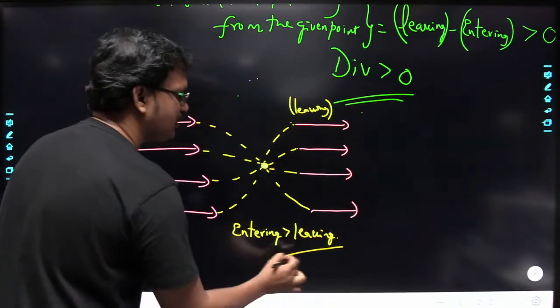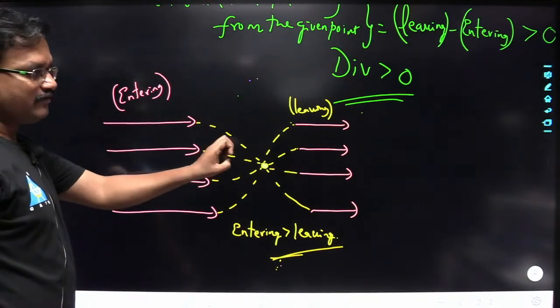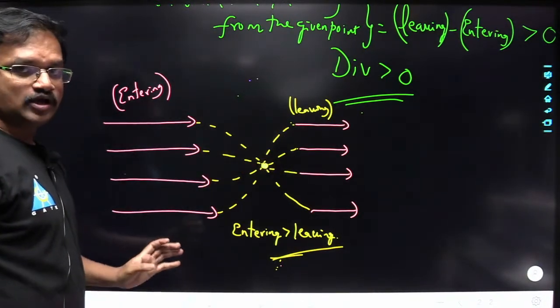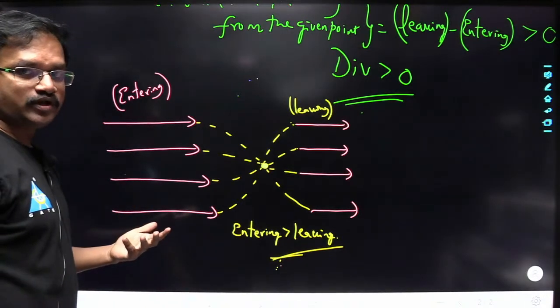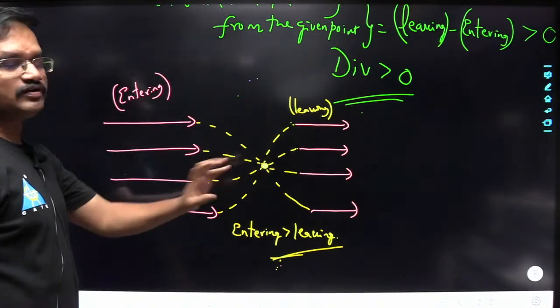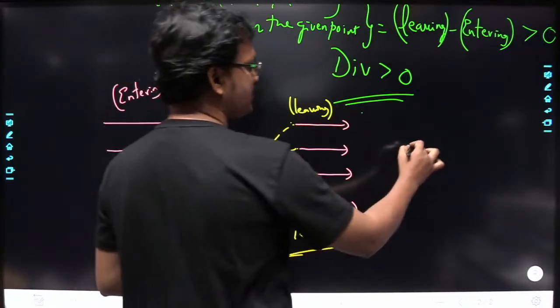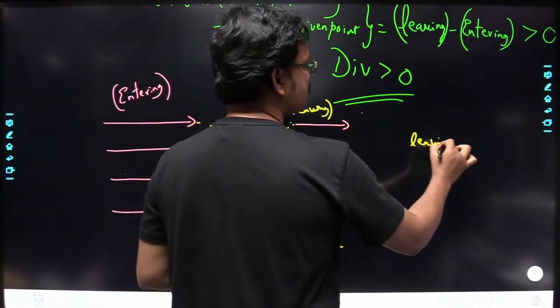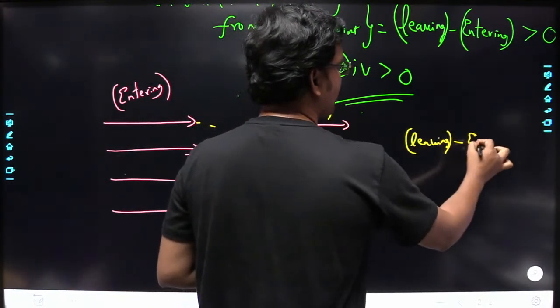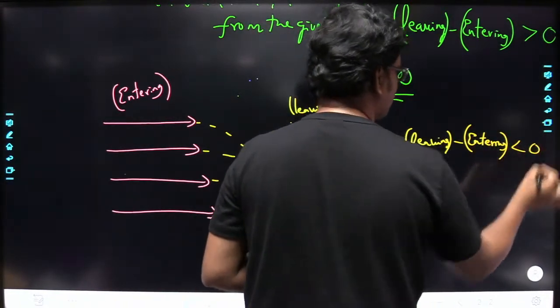That means the converging field is greater when compared to the diverging field. So in that case, what is the net divergence you are going to get? Net divergence is going to be negative, or the net field that is leaving from this point will be negative. The net field leaving from this point is leaving field minus entering field, which will be less than 0.